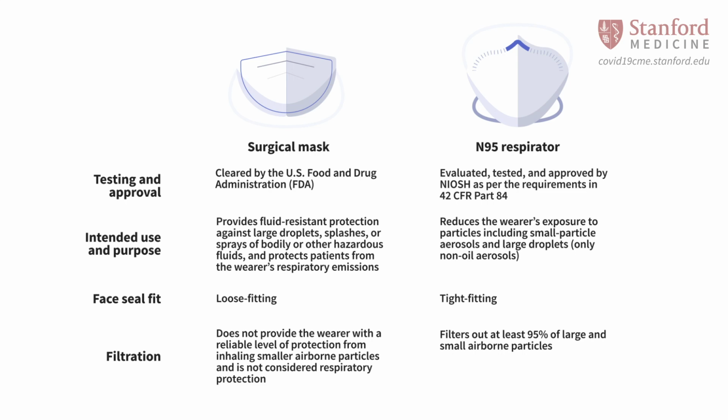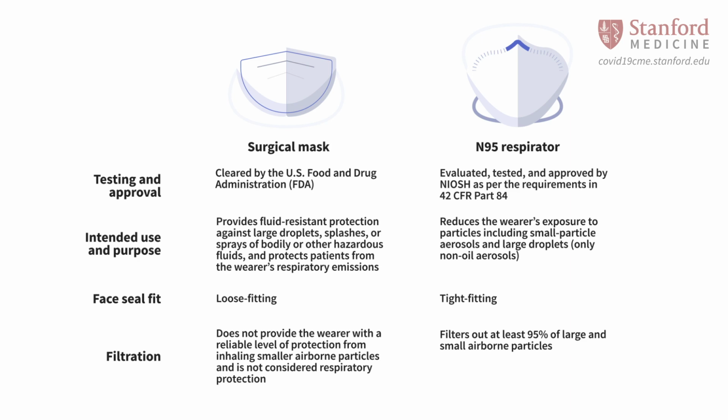On the other hand, N95 respirators are rated to block 95% of aerosols of 200 nanometer size or larger. It may be useful to keep in mind that some people will mean only N95 respirators when they talk about personal protective equipment, whereas others will consider both types of masks as PPE.